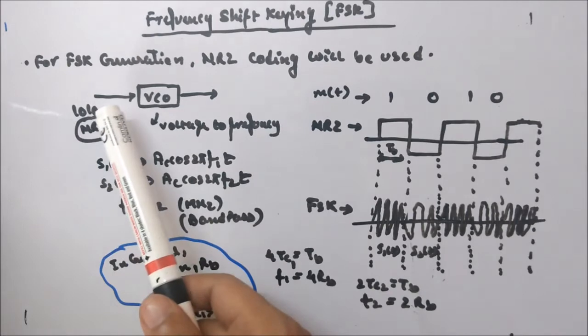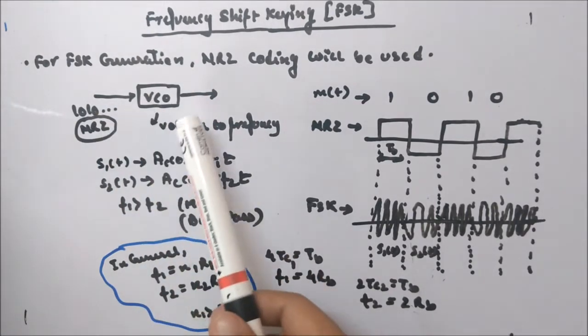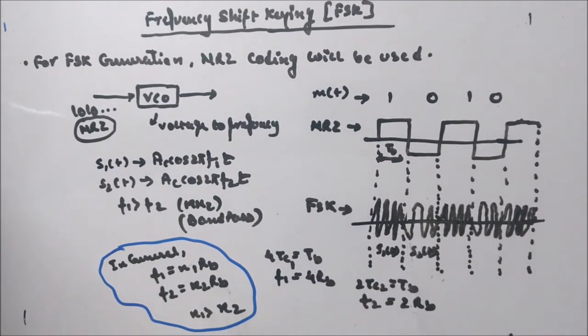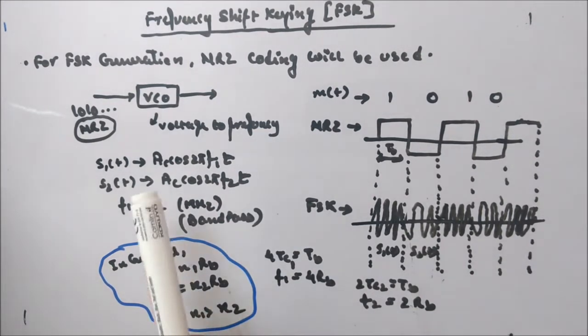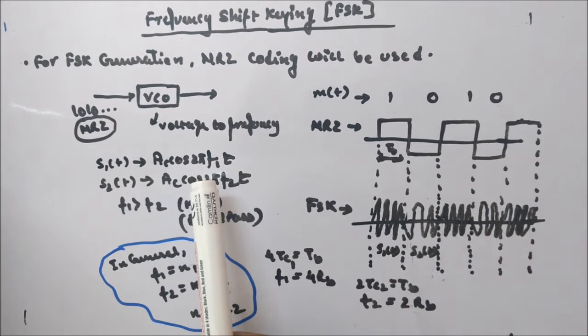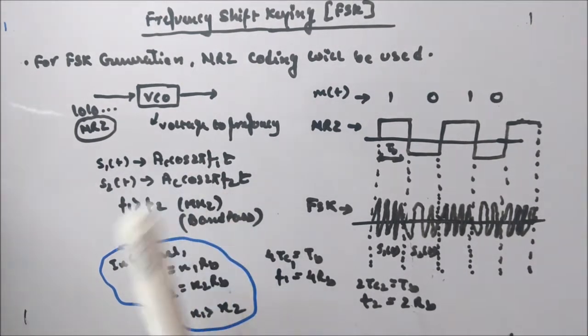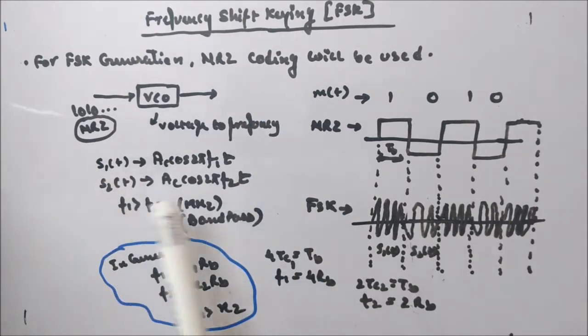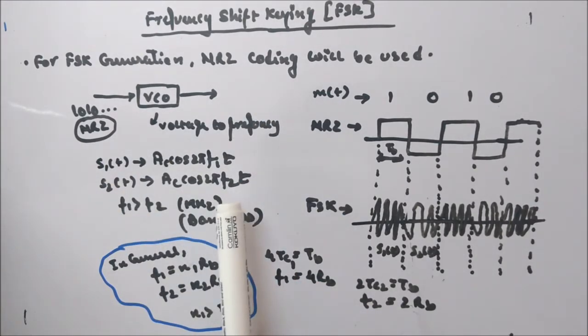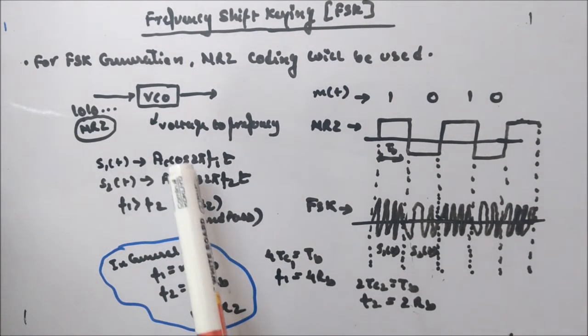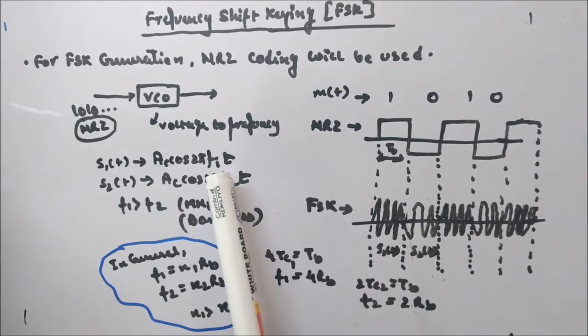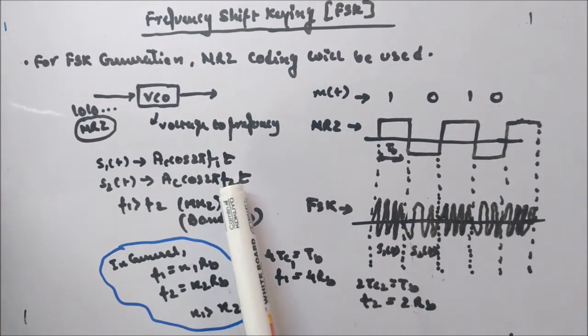Whatever digital signal comes, the voltage signal is converted into a frequency signal, and the cosine of one frequency will be sent for 1, and the cosine of another frequency will be sent for 0. This is the same as what we had before, but the difference is only in the frequency.